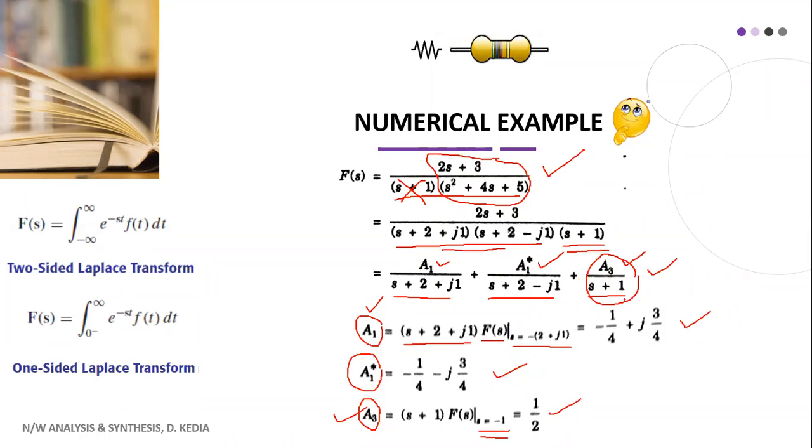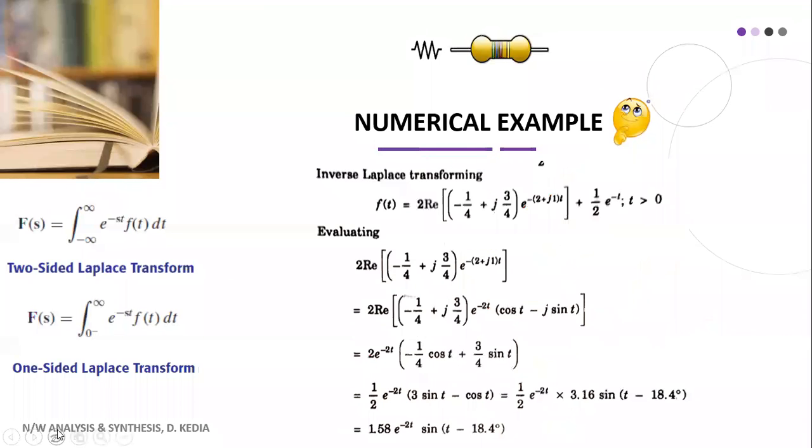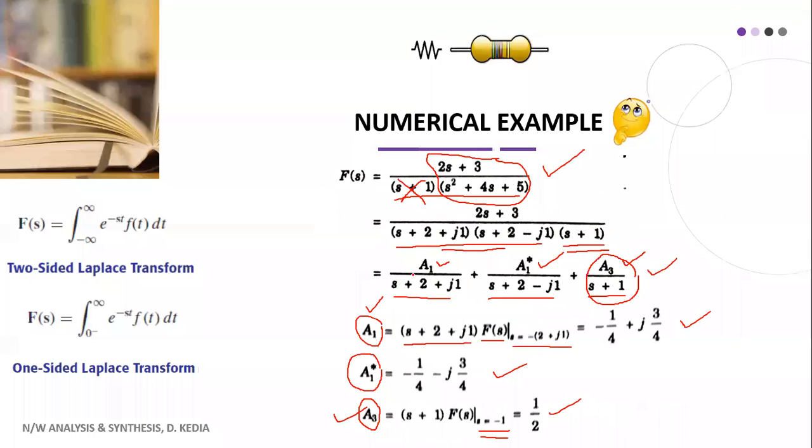It is frequency shifting, that is e raised to minus t u(t). So this is what we have got here: 1 by 2 e raised to minus t, and u(t) is taken care of in this, that t is greater than 0.